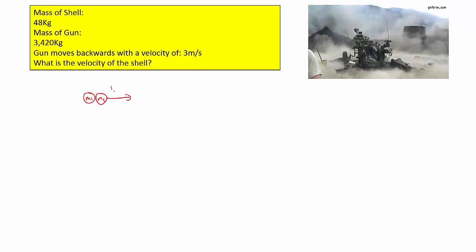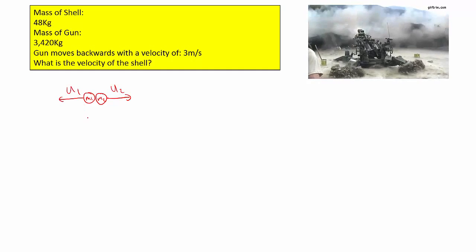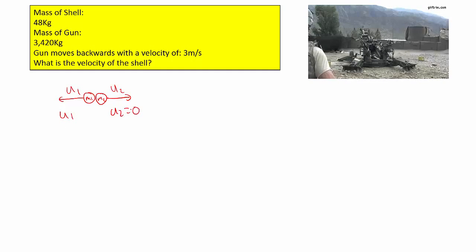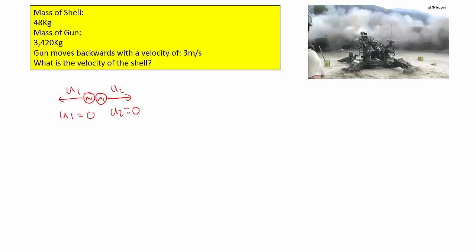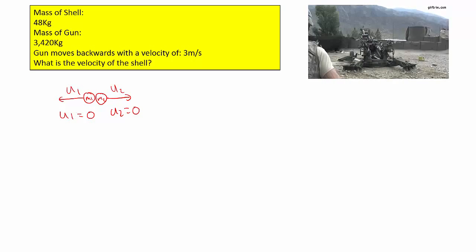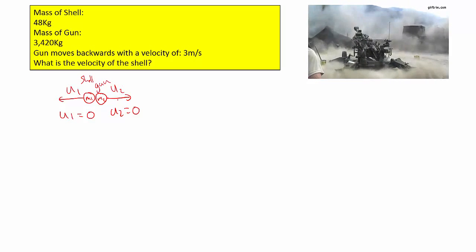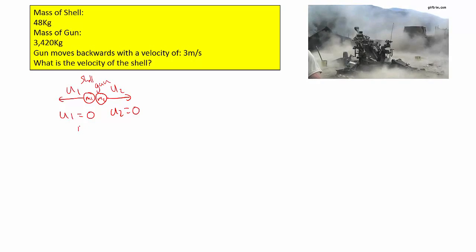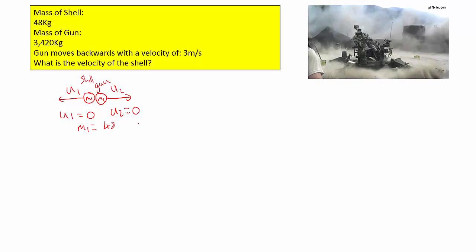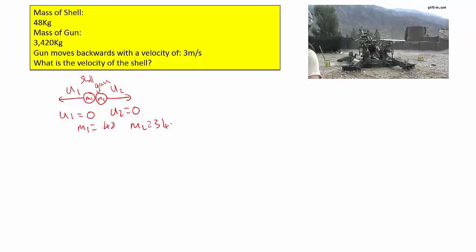And they have U2 and they have U1. U1 and U2 are equal to 0. Let's say that M1 is our shell, and this is the gun. So we know that M1 is equal to 48 kilograms, and we know that M2 is equal to 3,420.